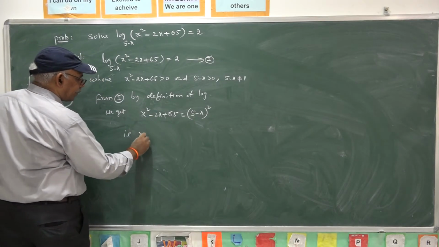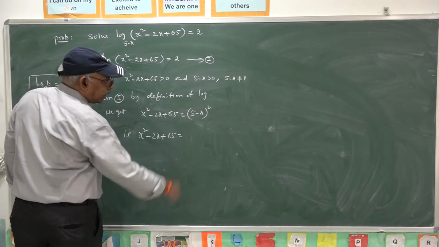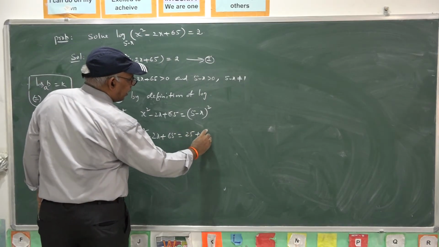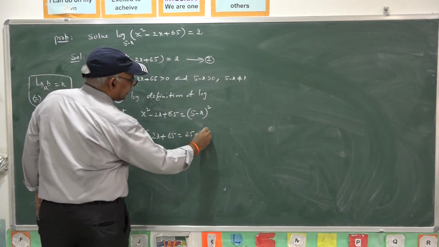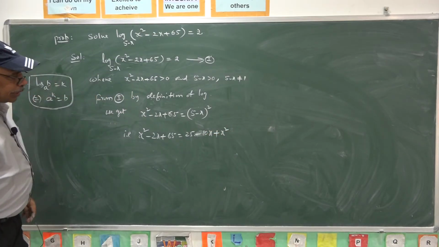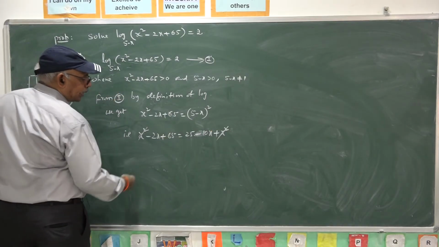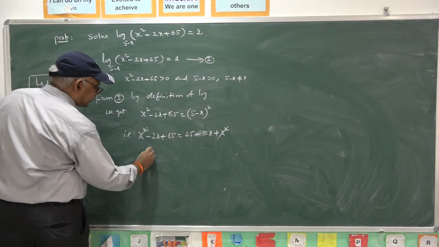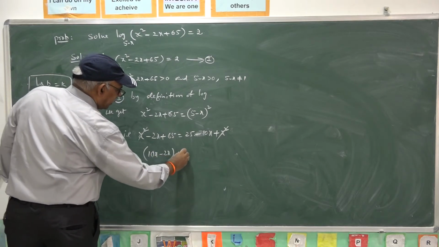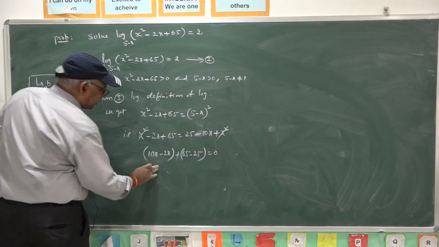That reduces to a quadratic clearly. On expanding 5 minus x whole square, we get 25 minus 10x plus x square. You can remove this x square on both sides. So, collecting x terms, 10x minus 2x plus 65 minus 25 equal to 0.